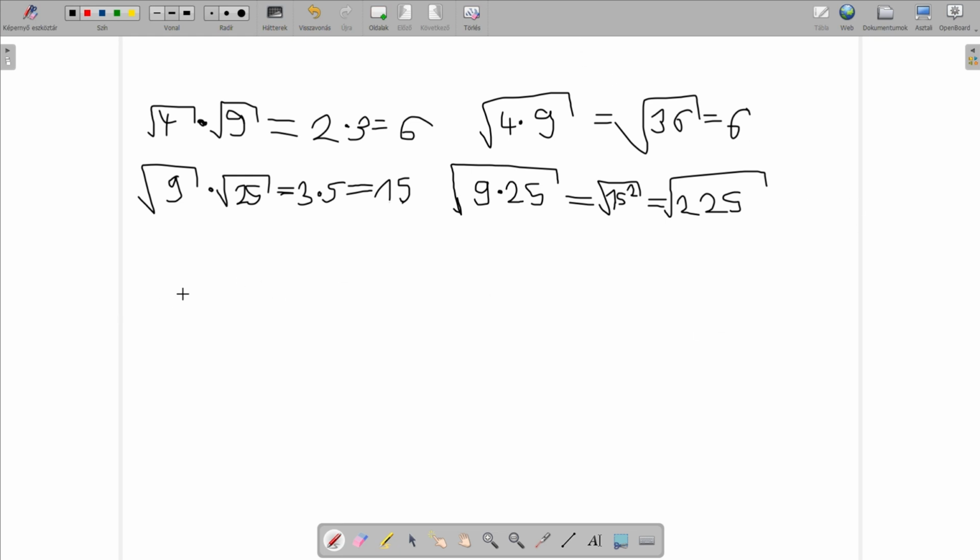So this is certified. Now what we can say is, if we want to generalize this rule, we could say that the square root of a times the square root of b is equal to the square root of a times b.